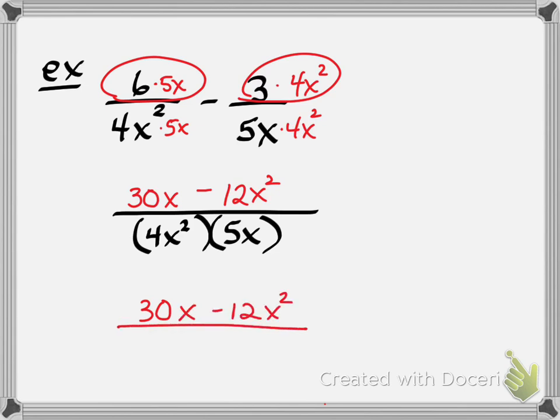And when we're ready to do the bottom, we can multiply those together. We get 20x to the third. Do you remember when you would multiply like bases, you added exponents? So that's what we did here. We added the 2 and the 1 to get the 3 down there.